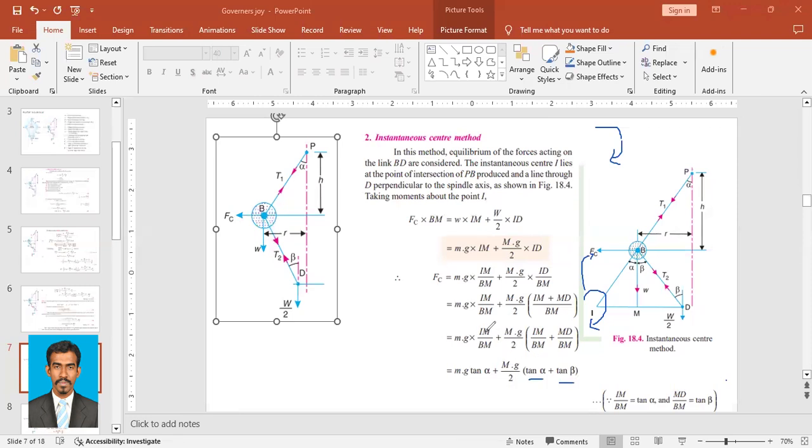So mg tan alpha plus capital Mg by 2 into tan alpha plus tan beta is equal to FC, right? So IM upon BM is equal to tan alpha and MD upon BM is equal to tan beta.